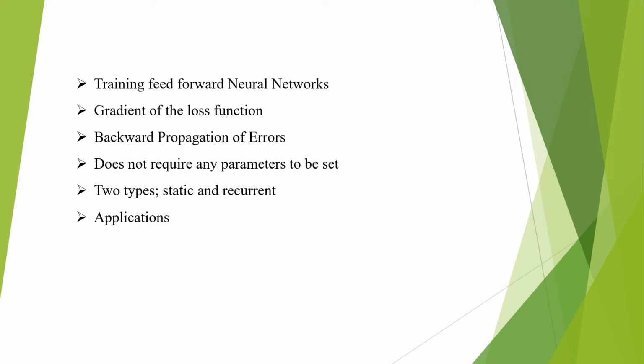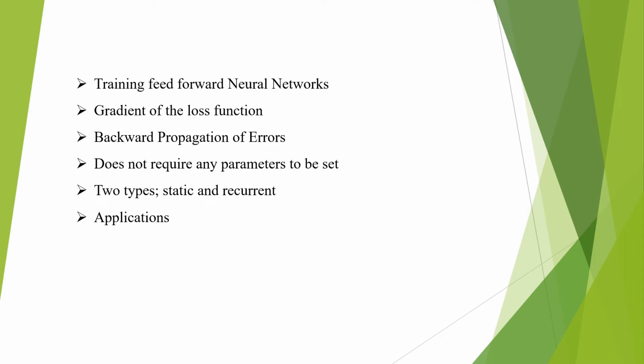There are two types of backpropagation, that is static and recurrent. Coming to the static backpropagation, it is a network designed to map the static inputs for the static outputs. Coming to the recurrent backpropagation, it is a recursive backpropagation which is used for fixed point learning.